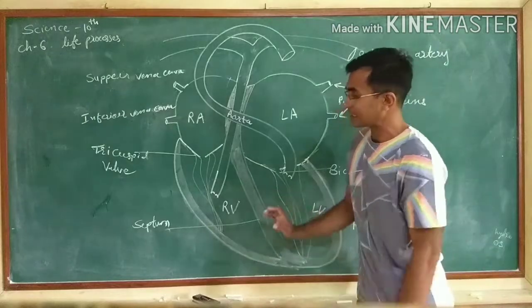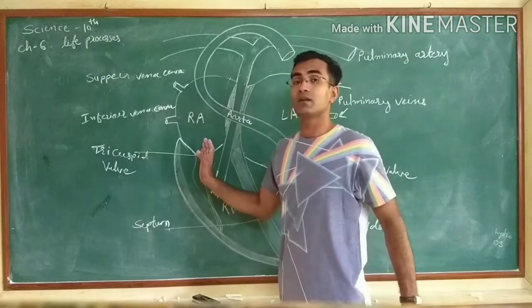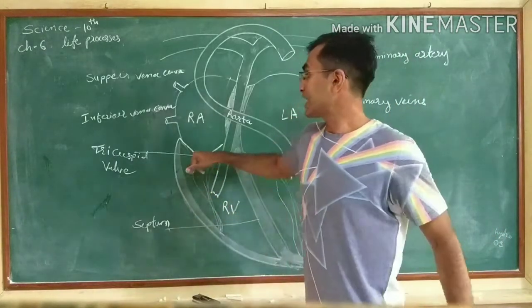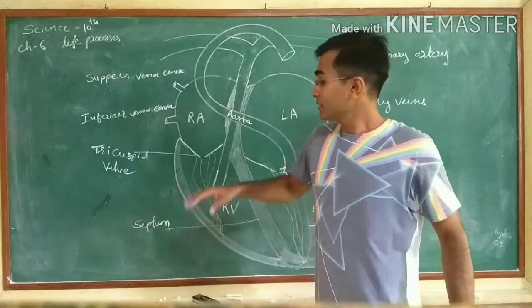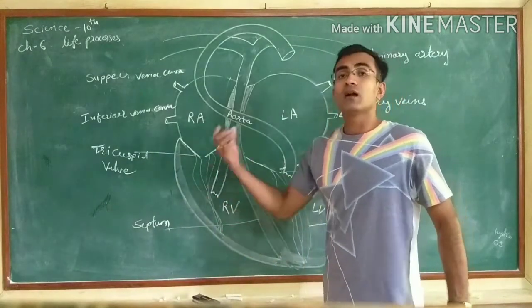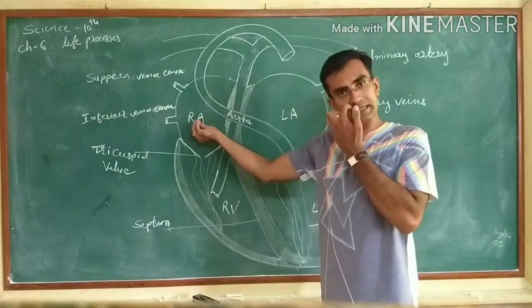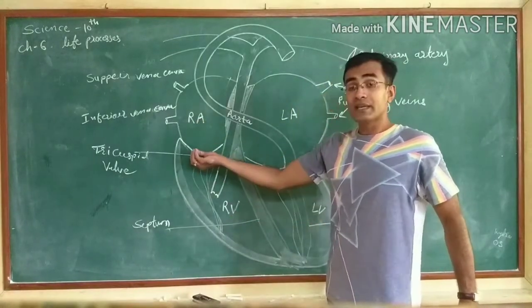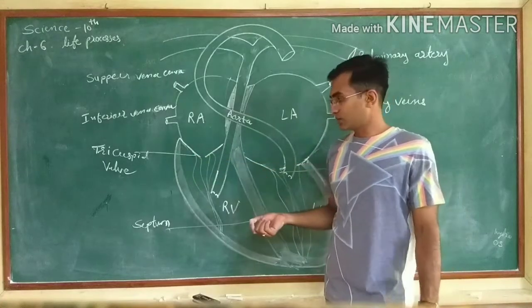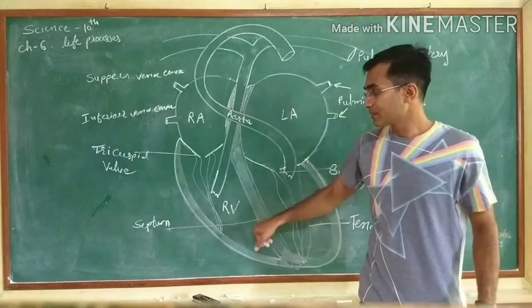So during the contraction, there is no space for the blood to go back over here. Imagine if there is no valve, then what happens? The blood which came over here, during the contraction, will backflow into the right atrium. Understand? So now this valve is closed at the time of contraction.